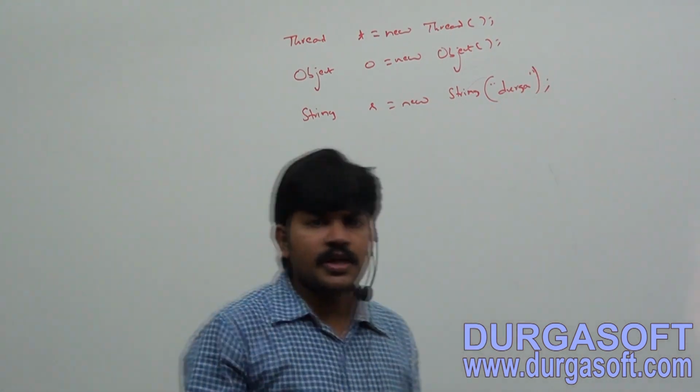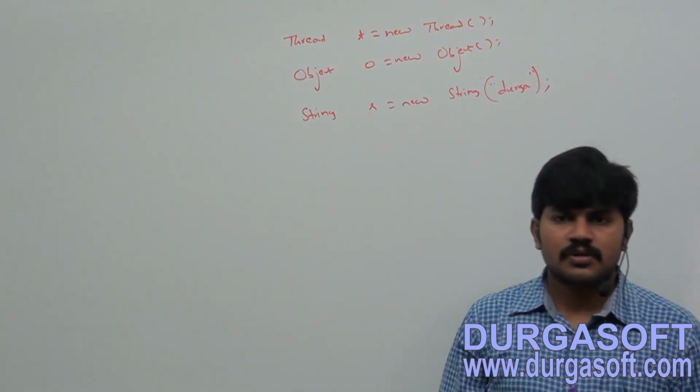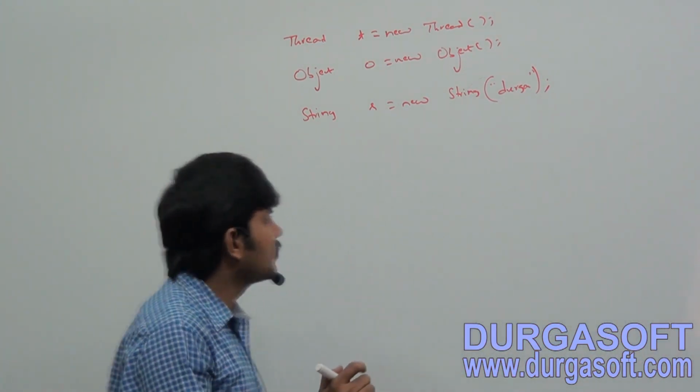Total how many objects did we create? 3 objects are there.